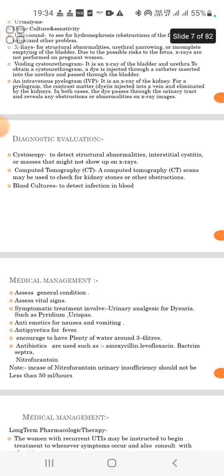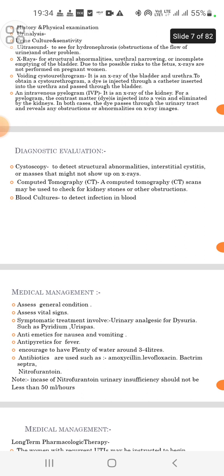We can know this by taking care of the vital signs, by observation, by asking the patient, and by assessment. After that, we go for symptomatic treatment. For example, if the person has fever, then for the fever we can go for certain antipyretic medications.